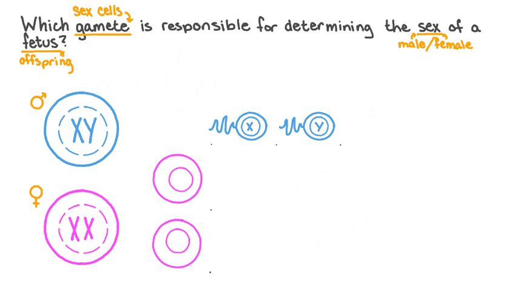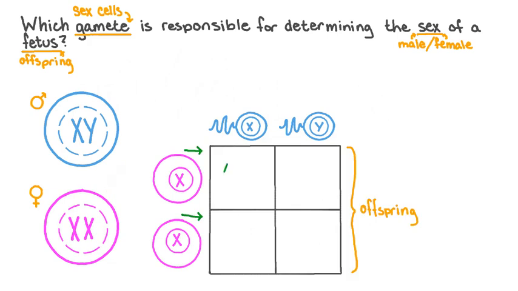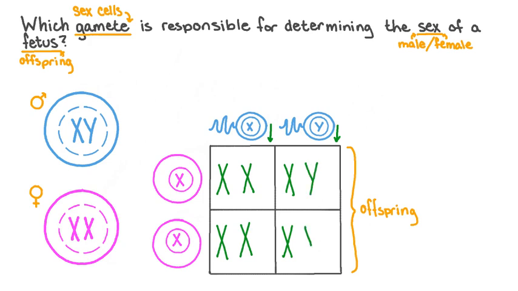But since the sex chromosomes in a female somatic cell are both X, then every ovum produced by a female will have an X sex chromosome. That means that each offspring can only inherit an X chromosome from their mother. Offspring can either inherit an X chromosome from their father or a Y chromosome. This shows us that the gamete responsible for determining the sex of a fetus is the sperm.